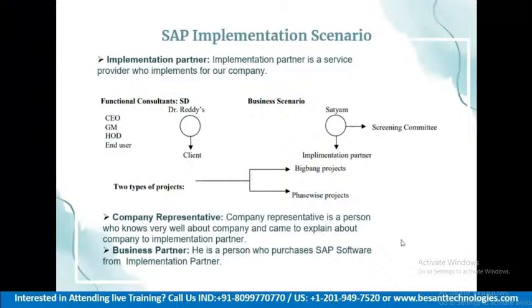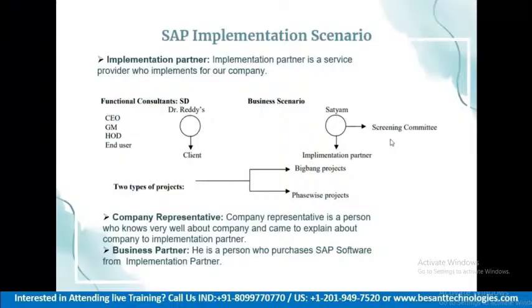So they will approach certain business partners in the industry. Let's say TCS has closed this project for a certain price. So they are SAP implementation partners. They have support from SAP. Anybody who wants to implement an SAP solution cannot implement it directly from SAP.